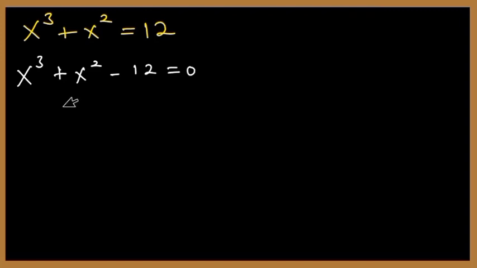Now what I have to do next is to write the sum of x to the power 2. So writing the sum of x to the power 2, I'll have my x to the power 3 minus my 2x to the power 2 plus my 3x to the power 2 minus my 12 equals 0.